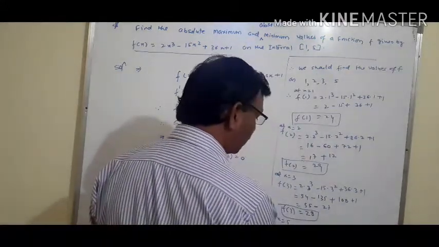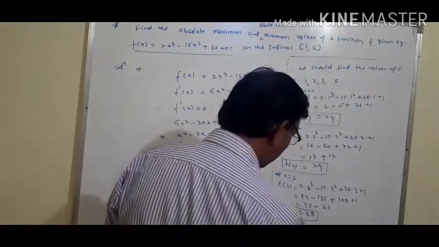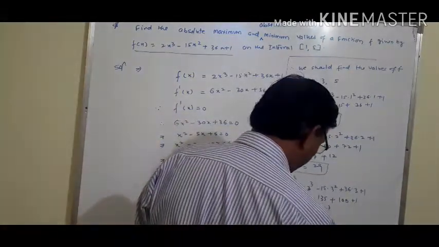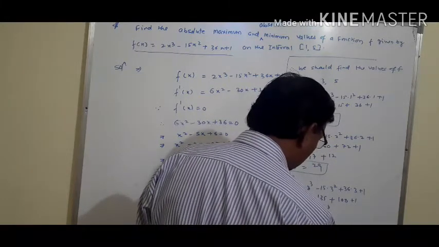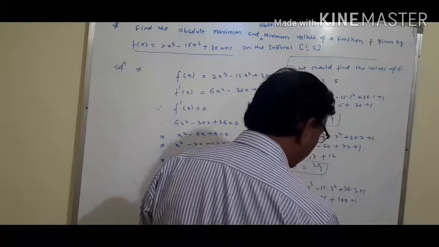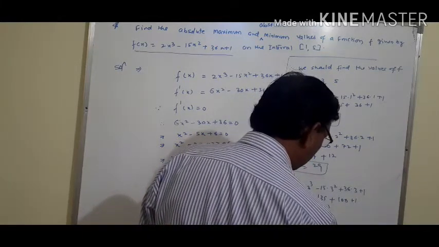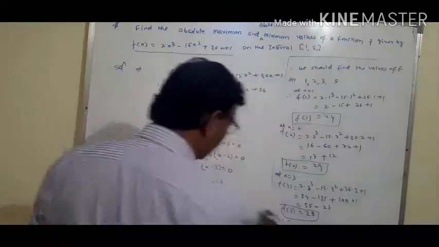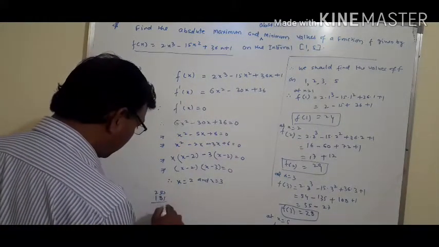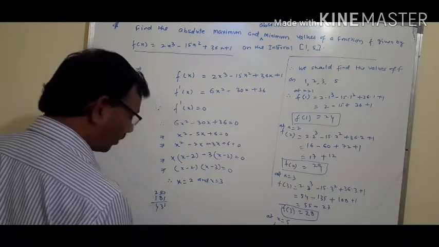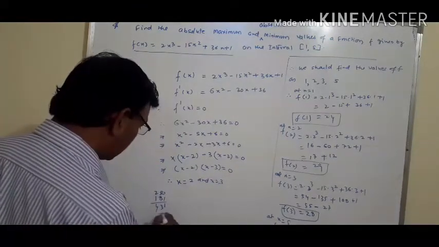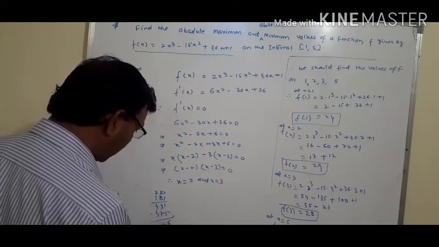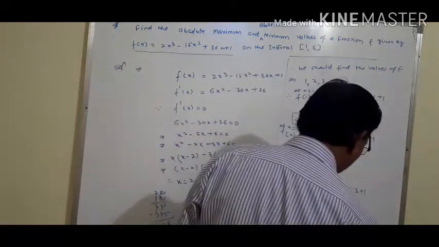This will be 5 cube means 125, 125 into 2, 250, minus 5 square means 25, 25 into 15, 375, plus 180 plus 1, which is 181. 250 plus 181 is 431. Subtract 375. This will be equal to 56.